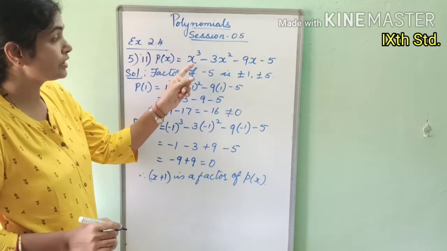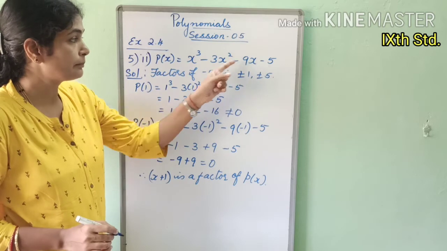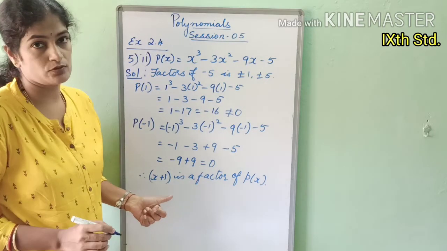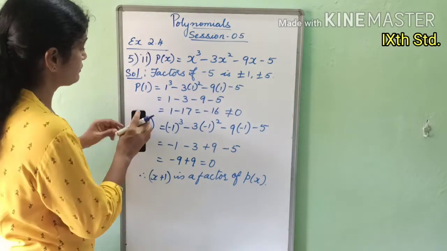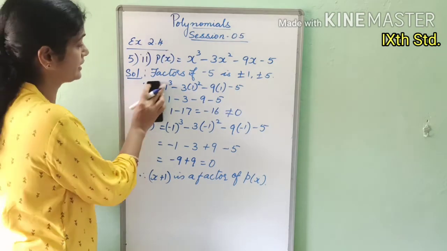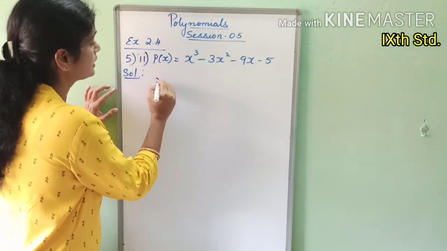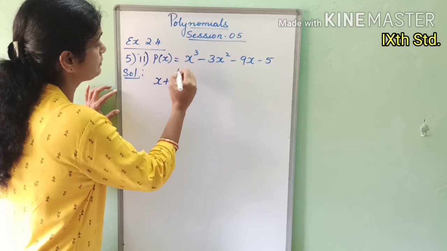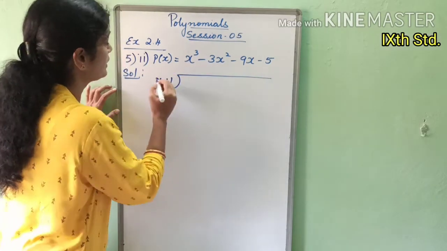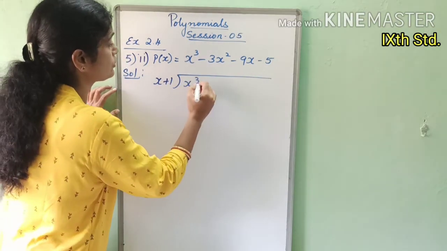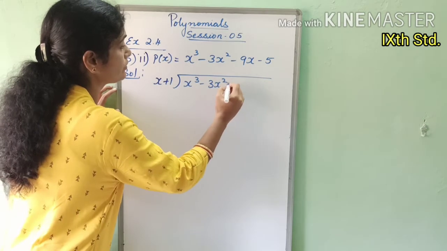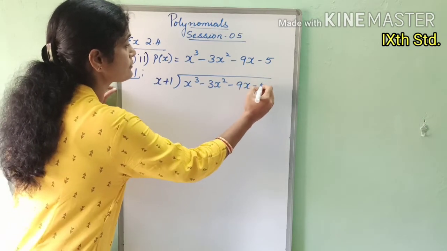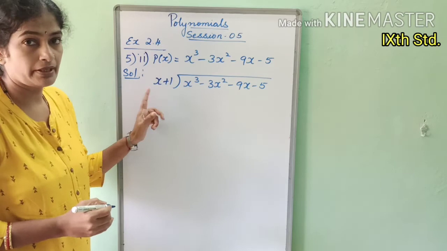So we are going to divide this p of x by x plus 1 now. Okay, that we will do. x plus 1 is a factor, so that is why. So let's divide x cube minus 3x square minus 9x minus 5 by x plus 1.